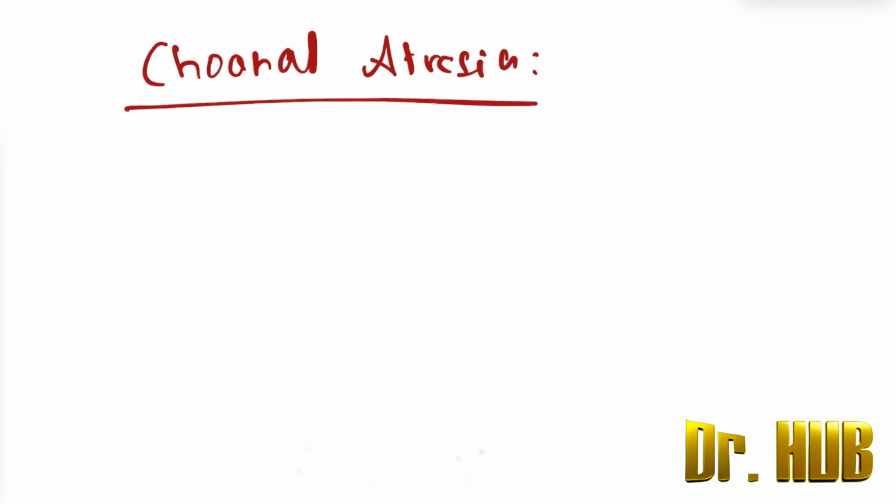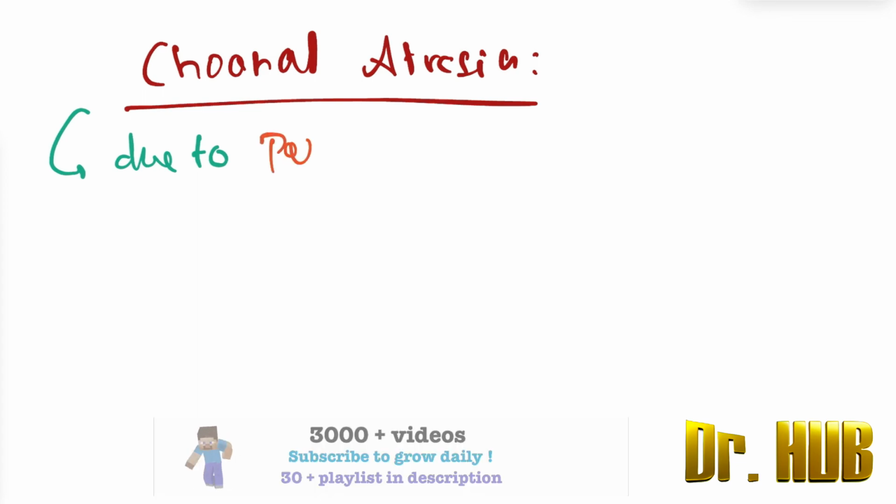The first point we need to know about choanal atresia is that it is due to the persistence of the bucco-nasal membrane.